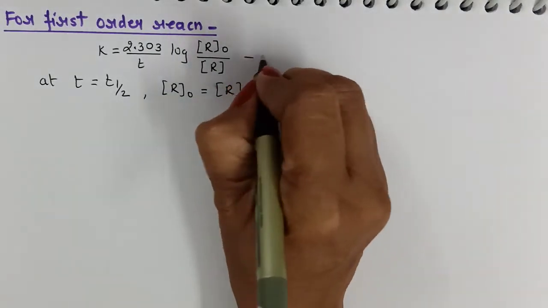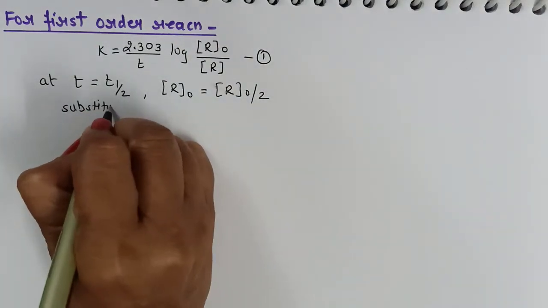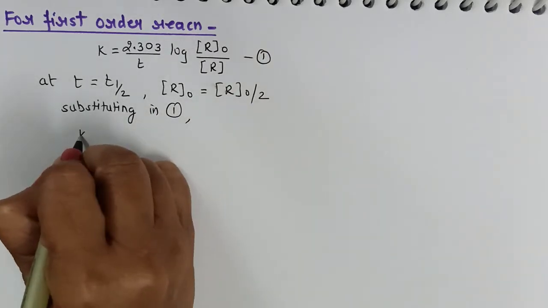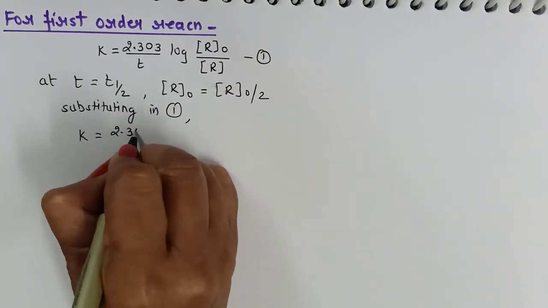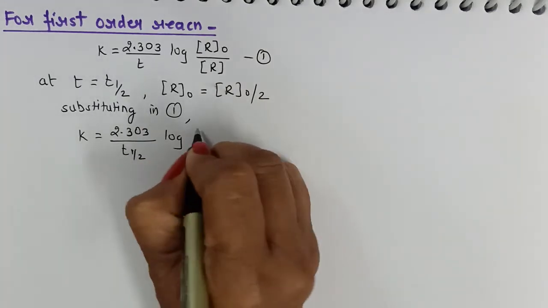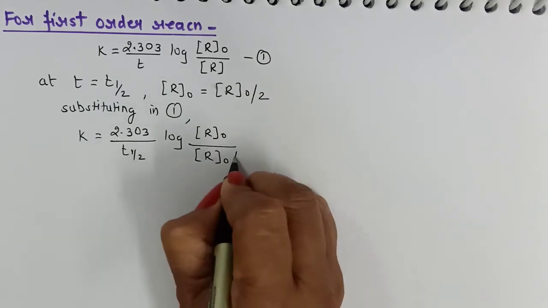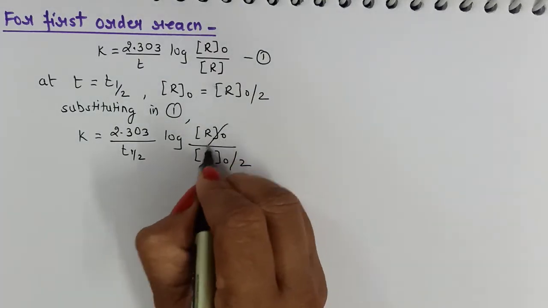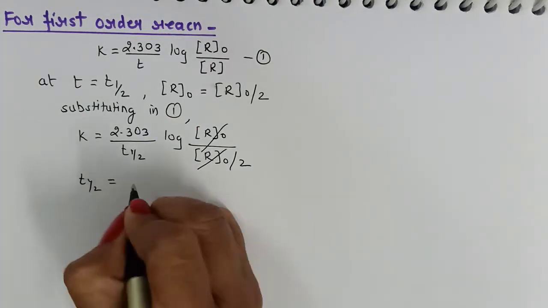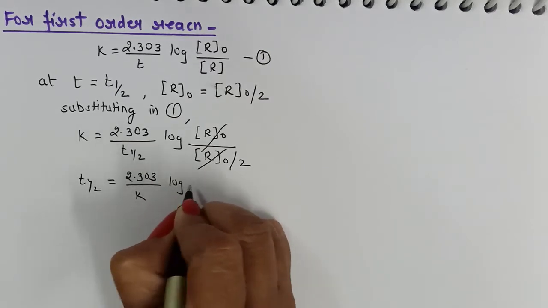Substituting, we get K equals 2.303 upon T half log R0 upon R0 by 2. We can cancel out the common term, so T half equals 2.303 upon K log 2.